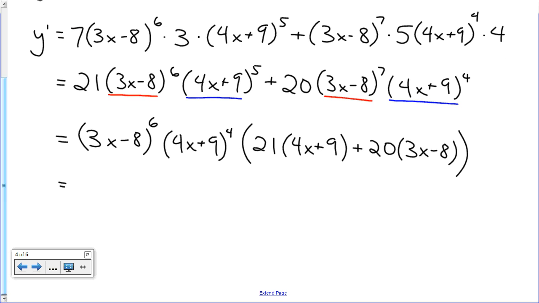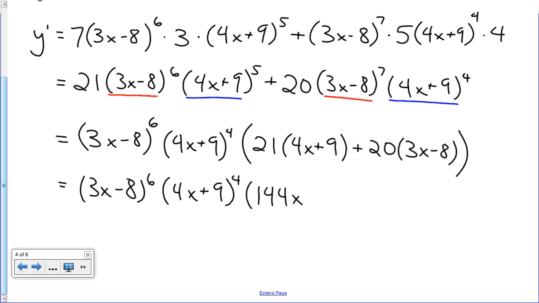And if you look at what you have in that last set of parentheses, that's actually a linear function. If we rewrite this slightly, we'll see that. You've got 21 times 4x, which is 84x. And you've got 20 times 3x, which is 60x. So 84 and 60 should give us 144x.